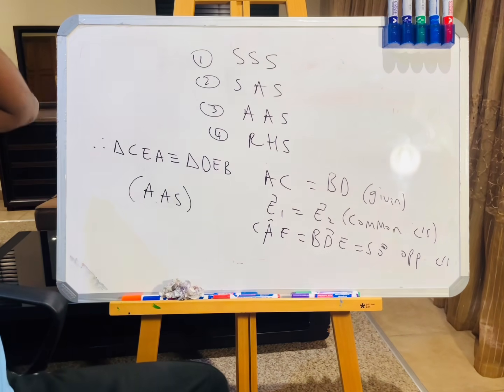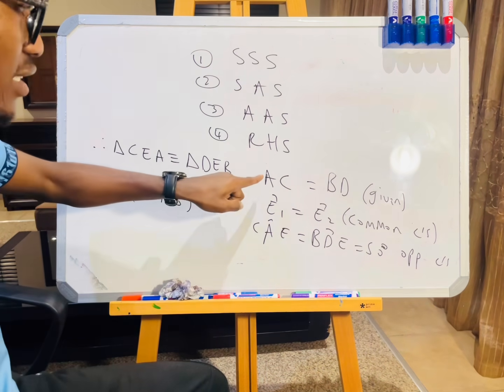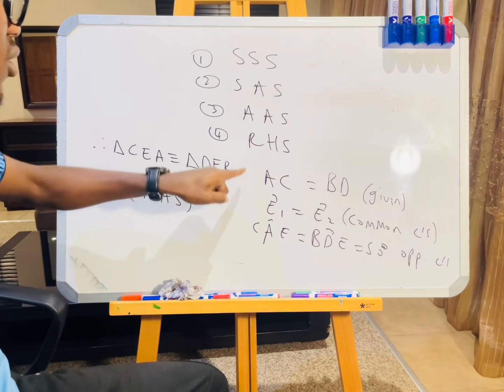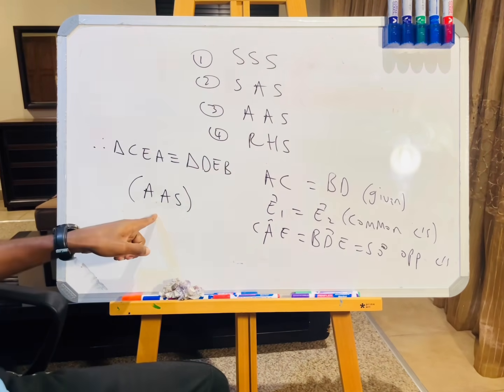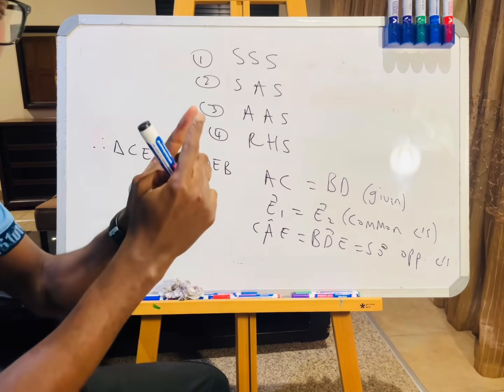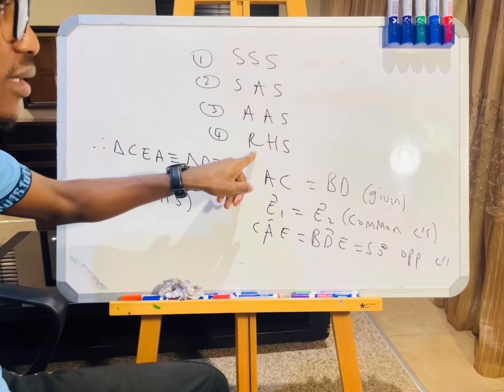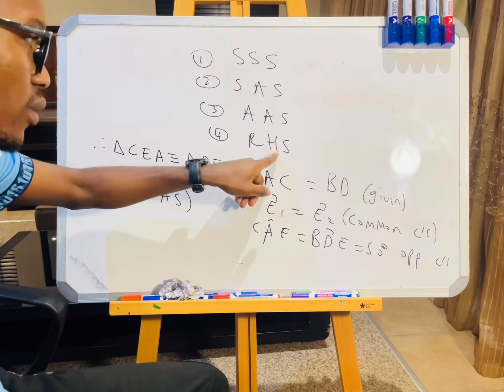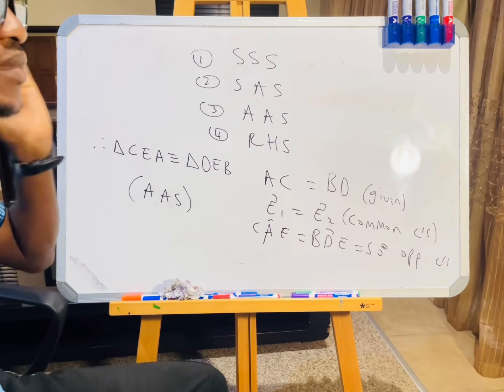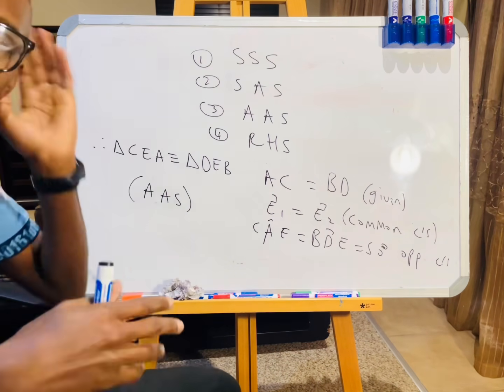So these are the 4 cases that you guys need to know of congruency. So we had side, angle. So it's supposed to be what? Angle, side. That's why we say the two triangles are congruent. So whenever you have 90 degrees, you must know they are congruent because of right hypotenuse side. So these are the four. If you can, guys, just check them out.